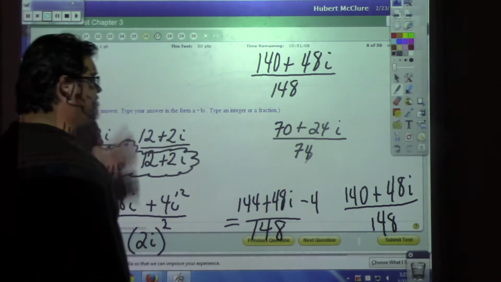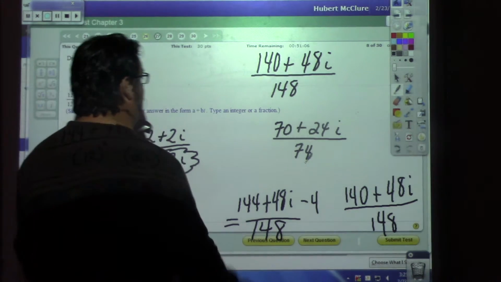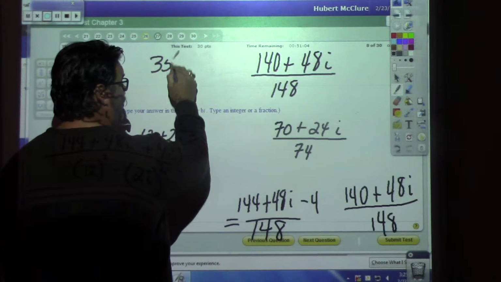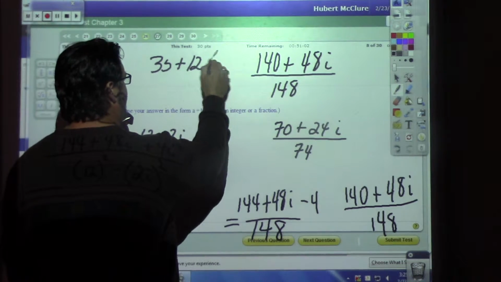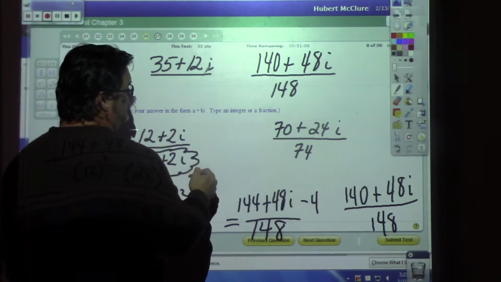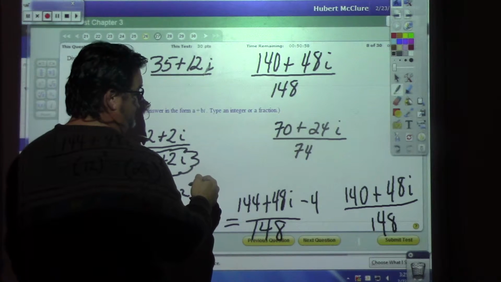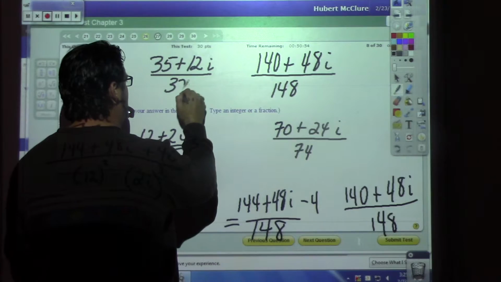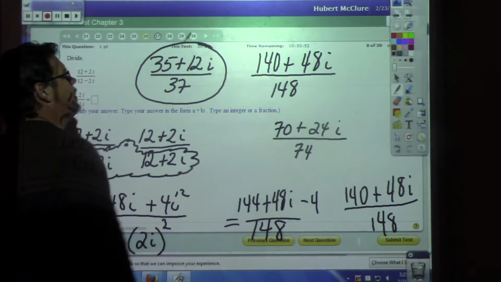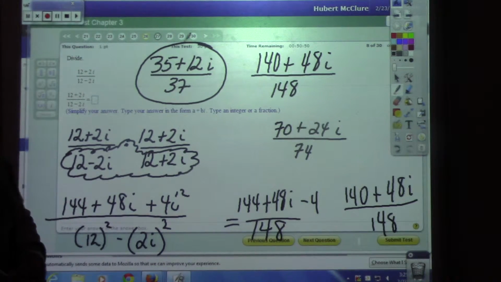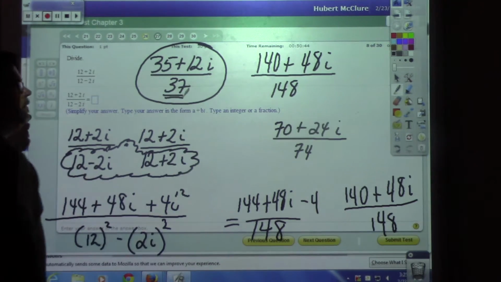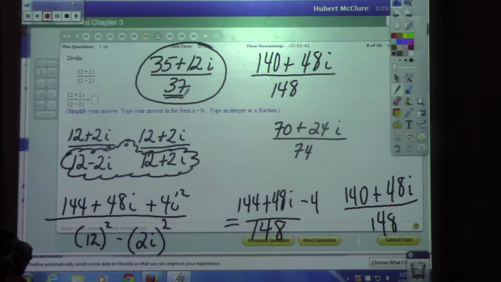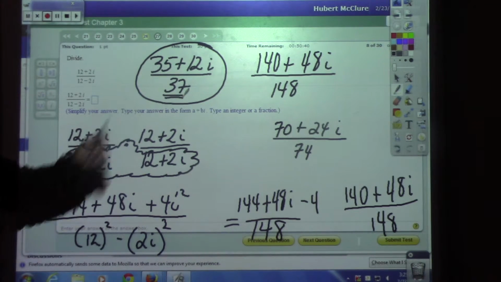And those are all even, so we could even go down to 35 plus 12i over 37. What's 74 divided by 2? That's 37. That's your final answer. And what's in the denominator? There ain't no square root of a negative in the denominator. And that's what you want.